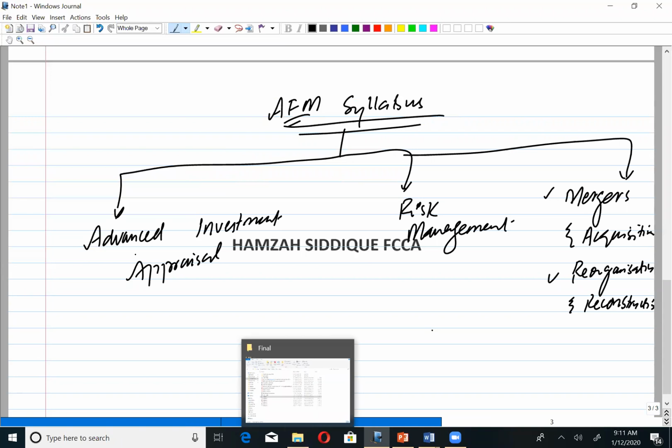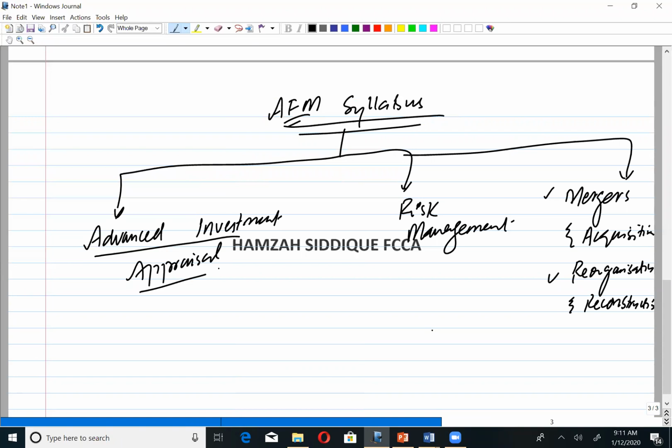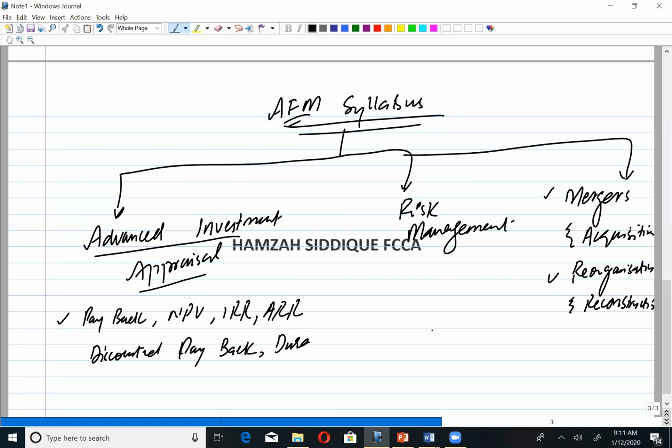Students, advanced investment appraisal starts with the payback period method, NPV, IRR. You have studied these already, ARR, but there are additional techniques: discounted payback, duration, and MIRR.